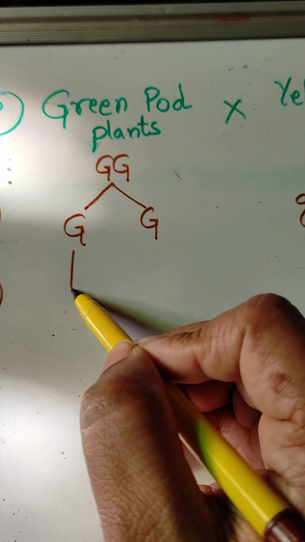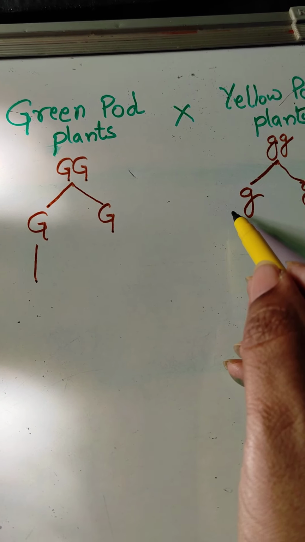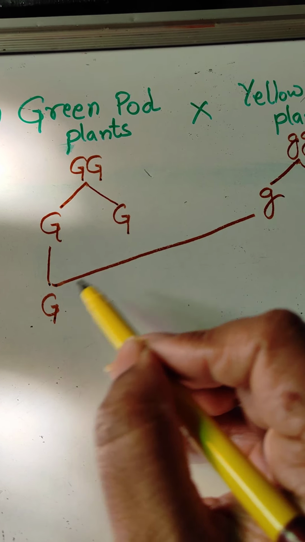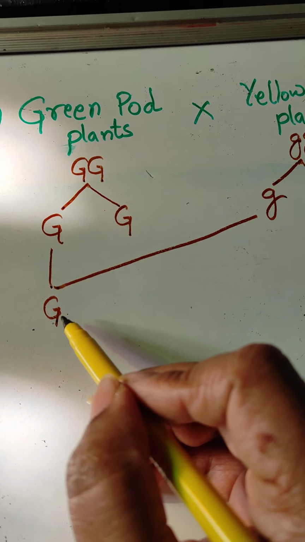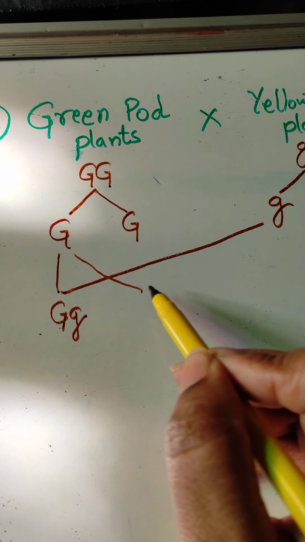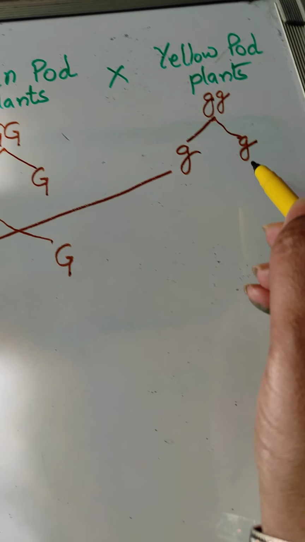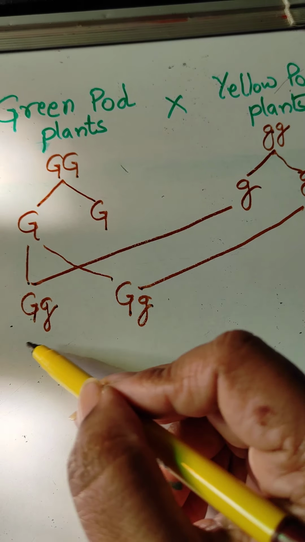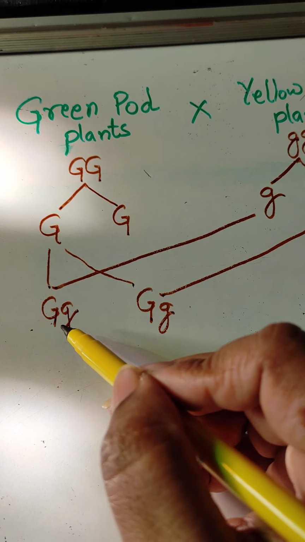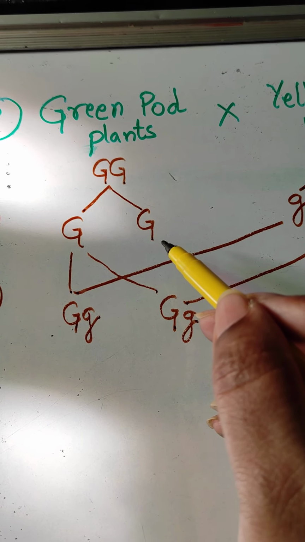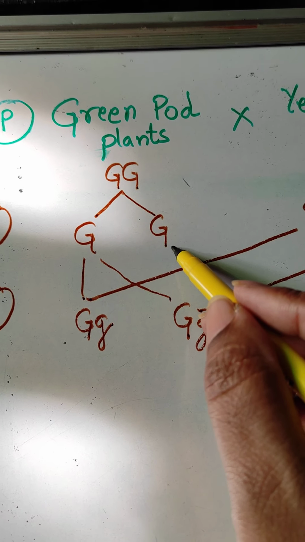This allele from the parent and there this one. So capital G from here, small g from the other parent. Or this can fuse with this one. The result is the same, capital G small g. Let's see what happens if the other gamete fuses.